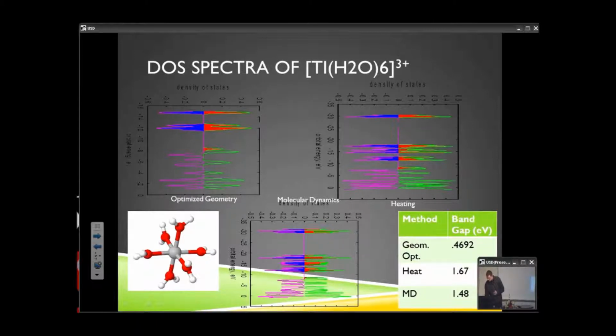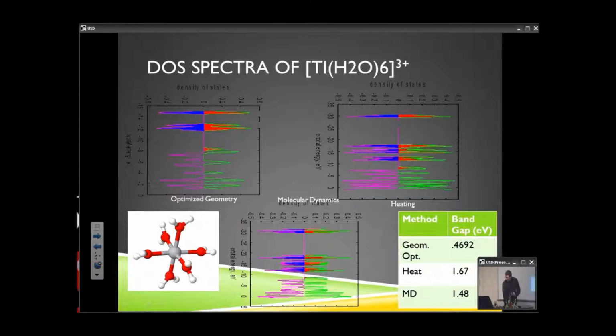All of these charts are sideways, but these are the density of state spectra that are produced with the spin-polarized method of the optimized geometry after heating of the molecule and after running molecular dynamics within the VASP software.